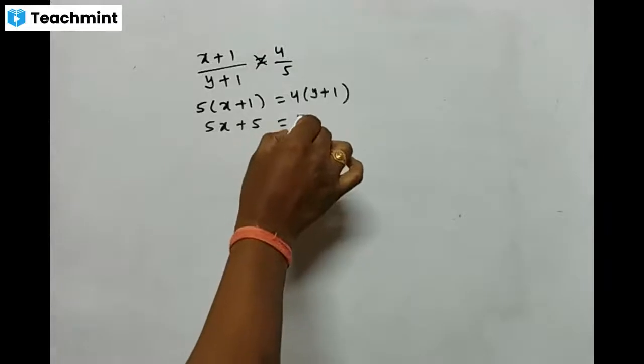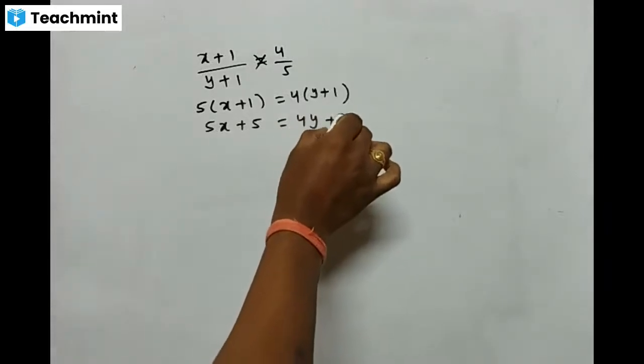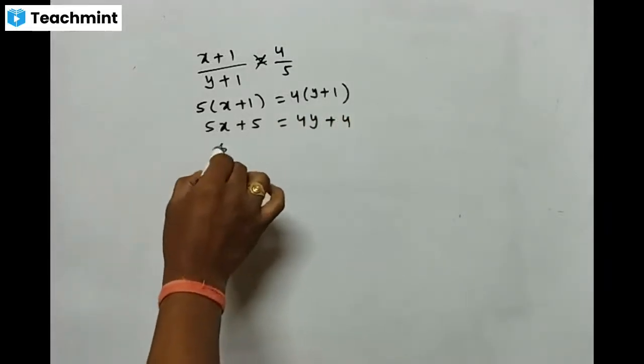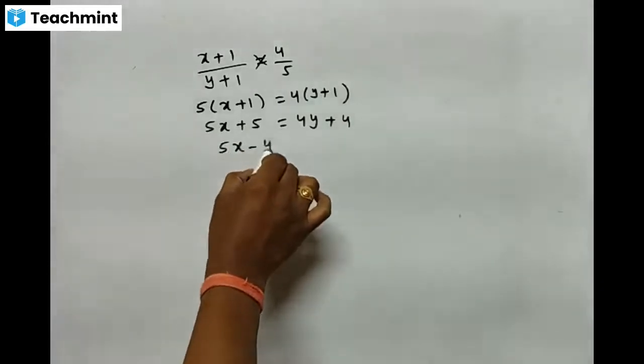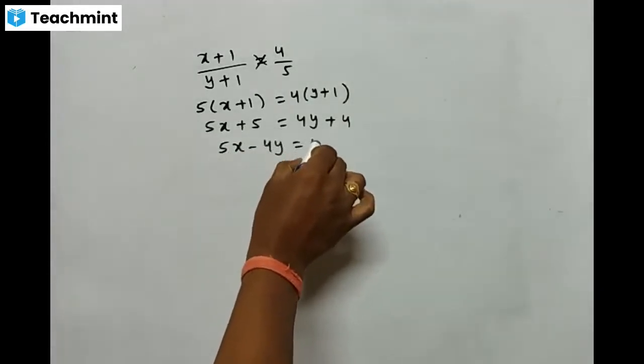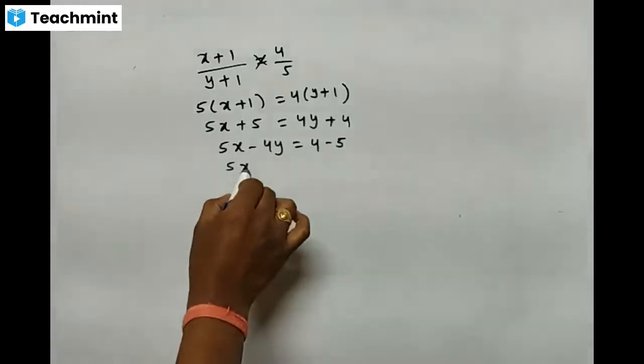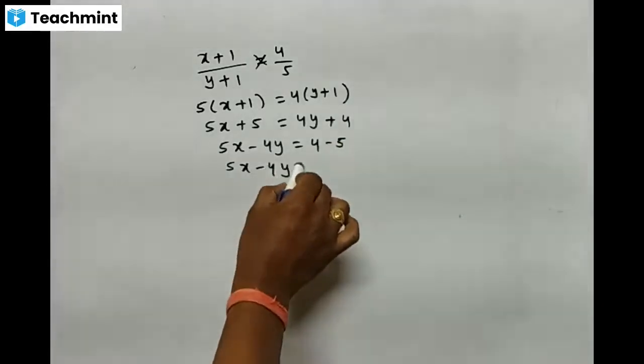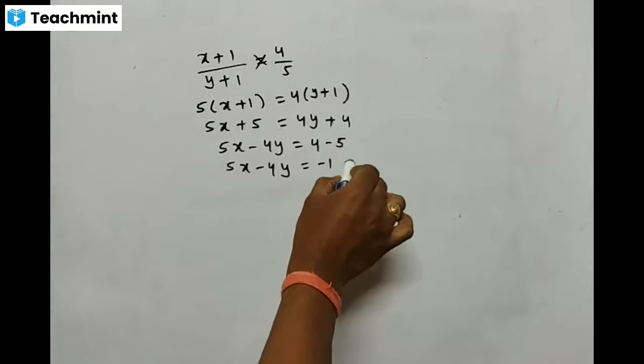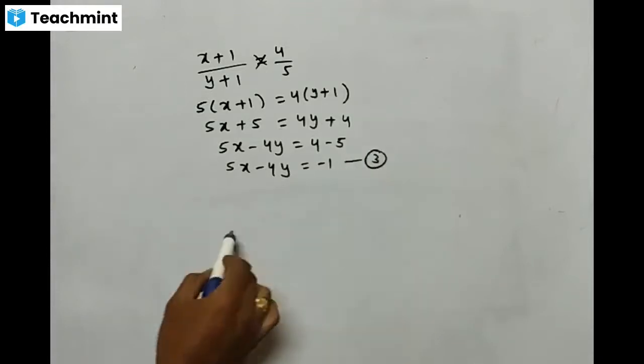Multiply with 5, multiply with 4. This is -1. This is equation number 3.